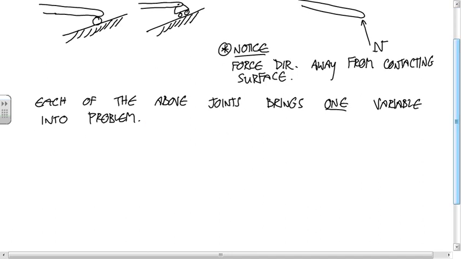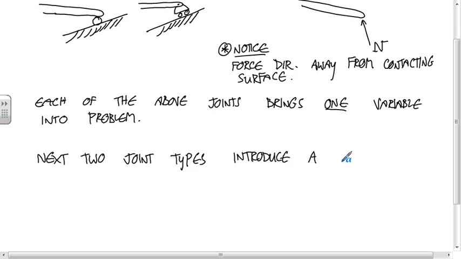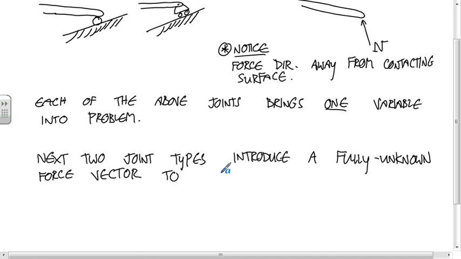So the next two joint types introduce a fully unknown force vector to the problem or the free body diagram or whatever.